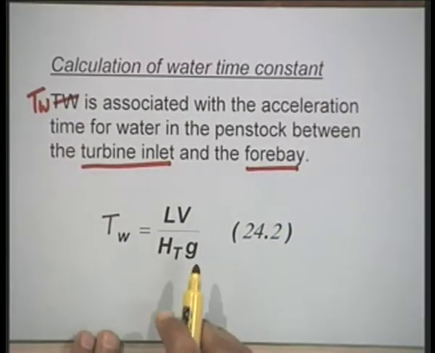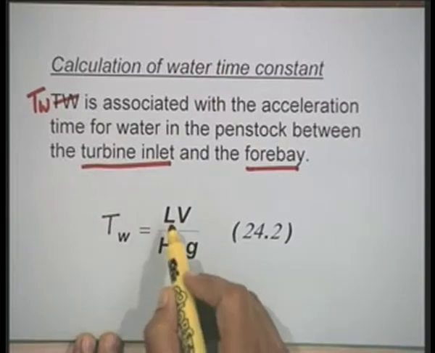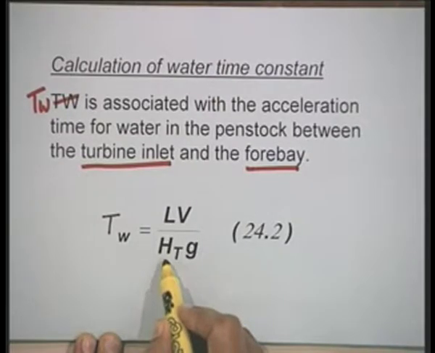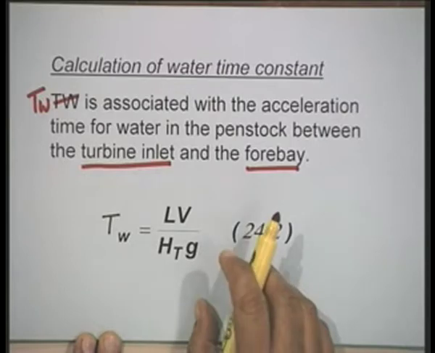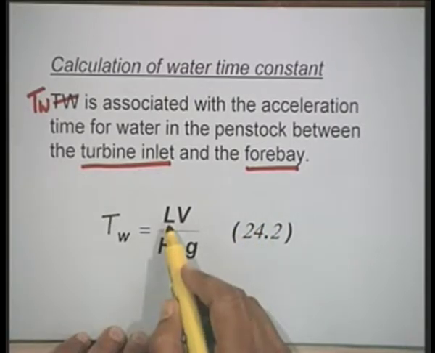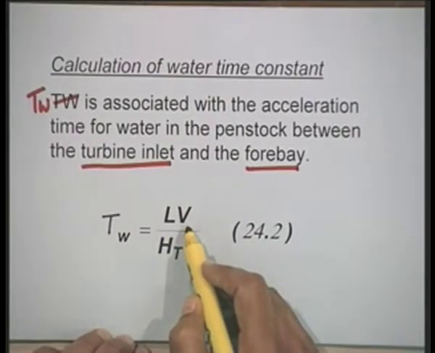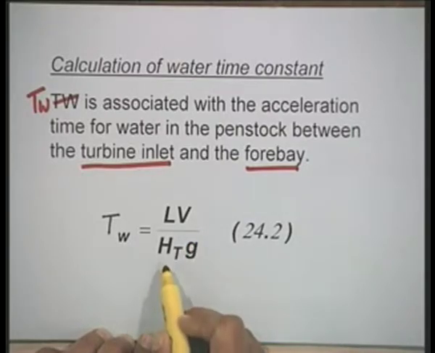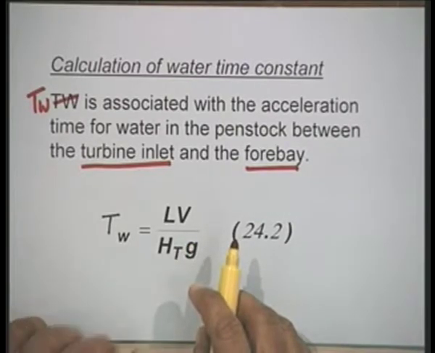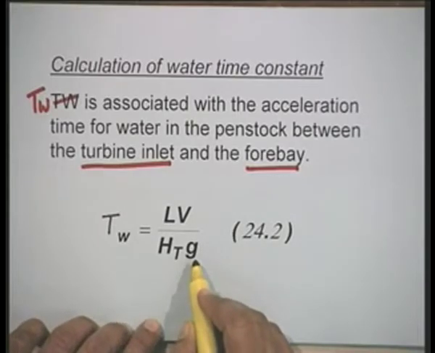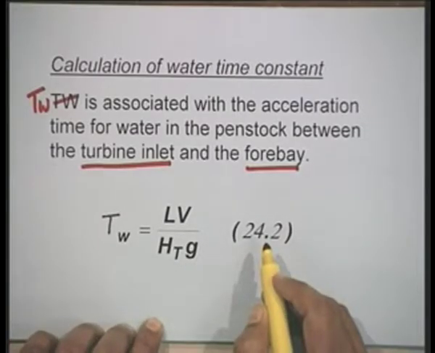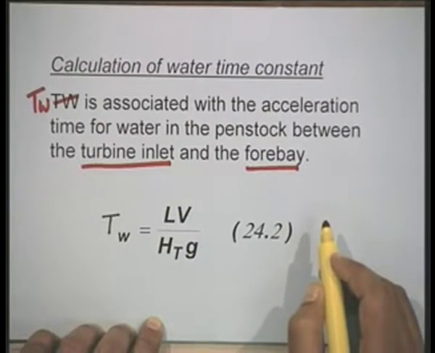The equation for this time constant TW is L into V divided by HT into G. Here L is the length of the penstock in feet, V is the velocity of the water in feet per second, HT is the head in feet and G is the acceleration due to gravity, in feet per second square.